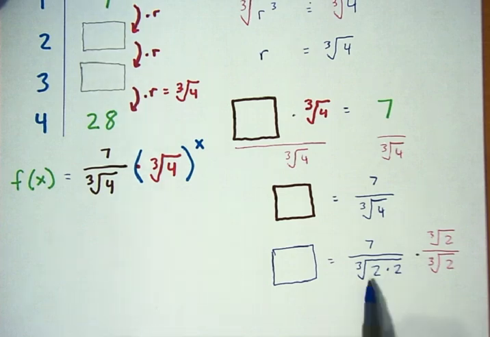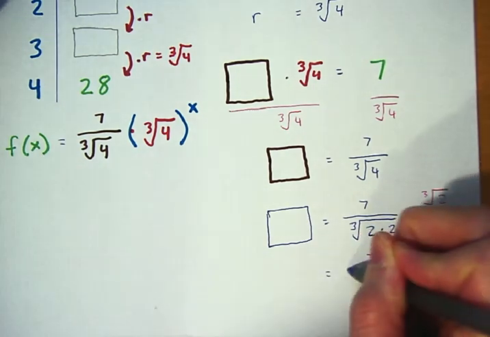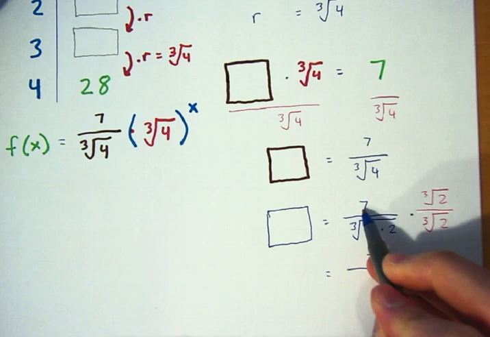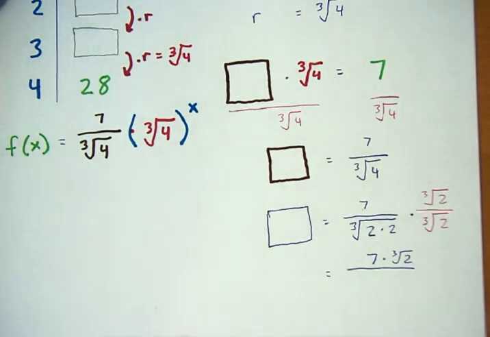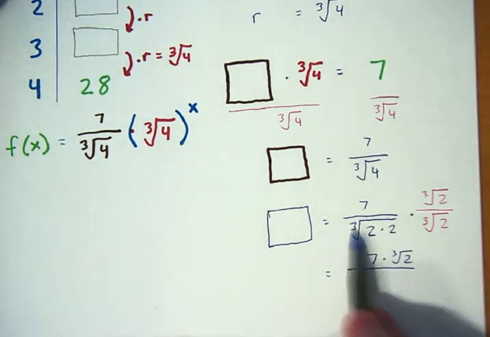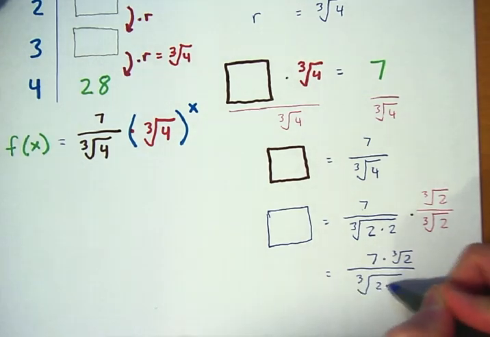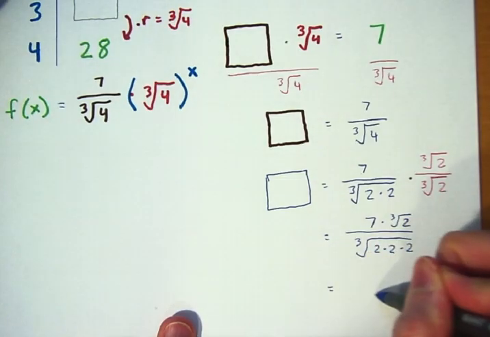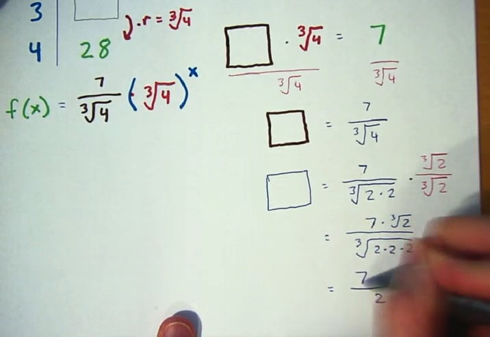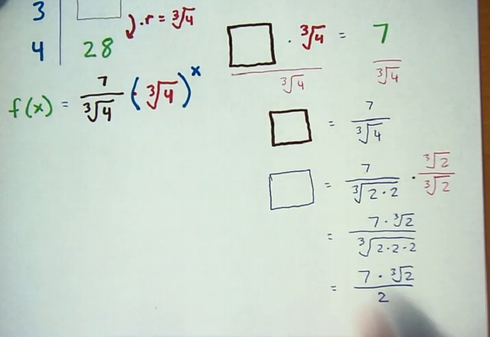Okay. So now here you have the top is 7 times third root of 2. The bottom is third root of 2 times 2 times 2, which is just equal to 2.